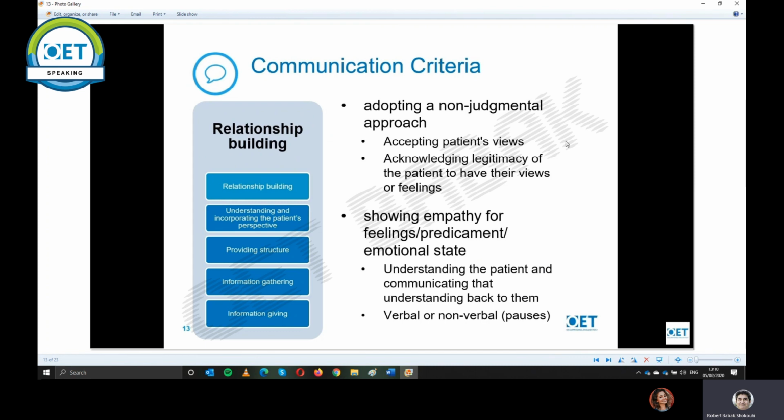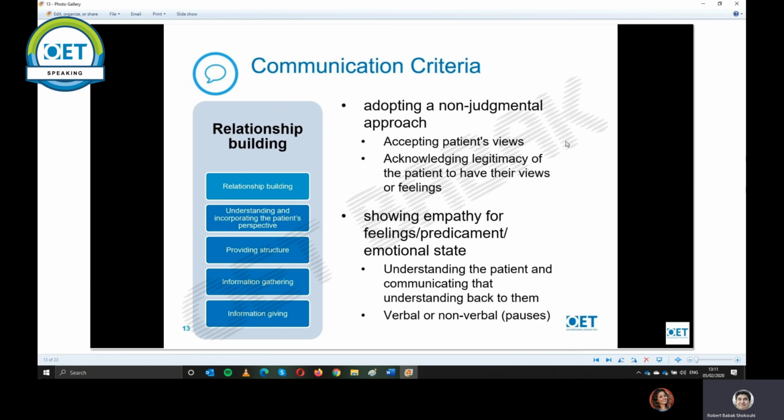So, okay, this means that you are judging that person, and this is wrong because you need to be non-judgmental. So even if something you think is funny, you shouldn't actually do that because that's your personal opinion. So you need to look at the patient very objectively. You shouldn't judge them. So there might be something else, but that is what they think. That is their view. So we shouldn't judge them.